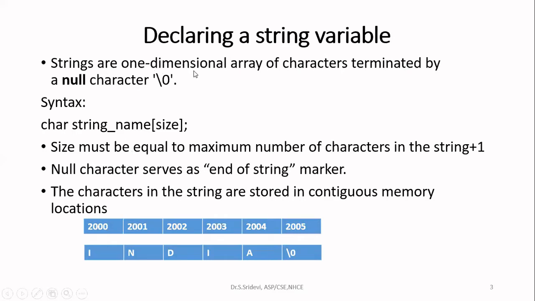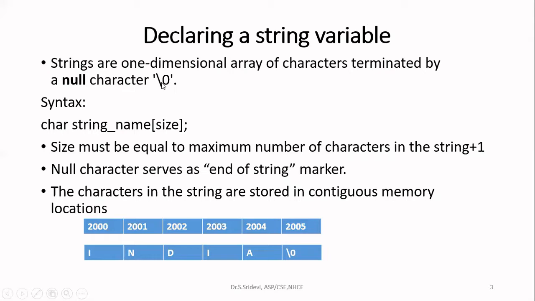Now, how to declare a string variable? If you want to declare a string, it should be considered as a one-dimensional array of characters, because a string is a sequence of characters. So you declare a 1D array of characters, and that will be treated as a string. And one more thing is, all strings in C programming must be terminated by a null character.